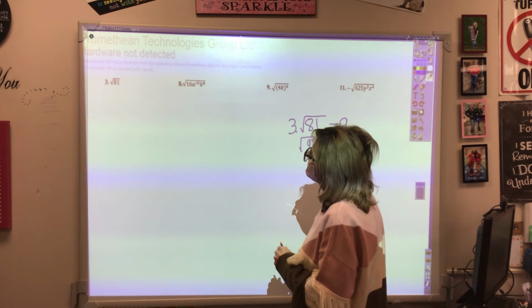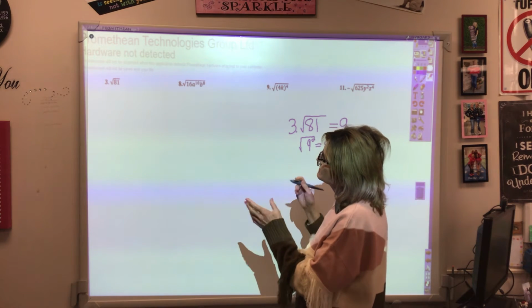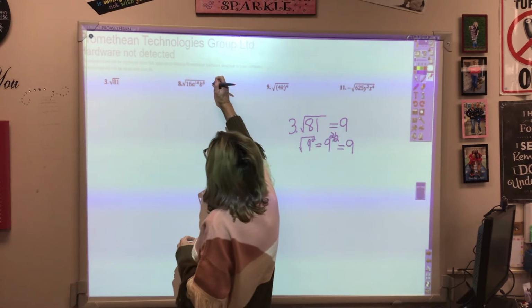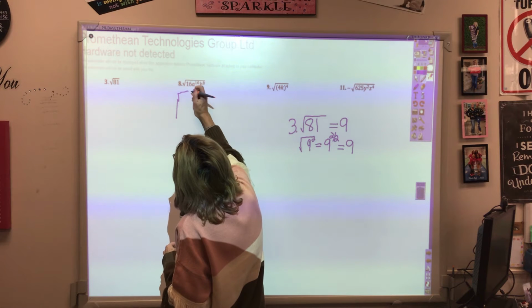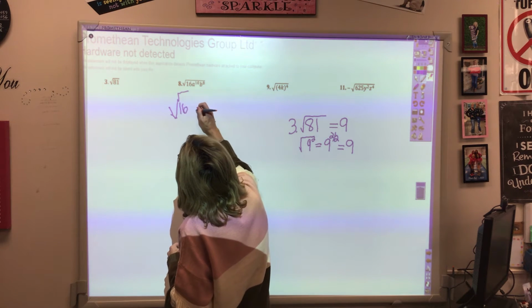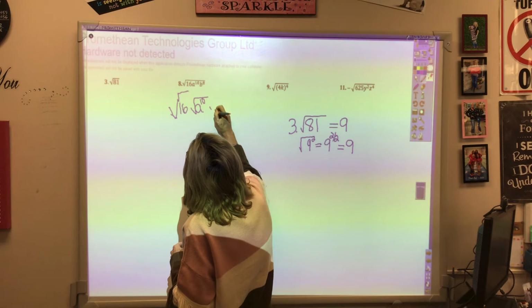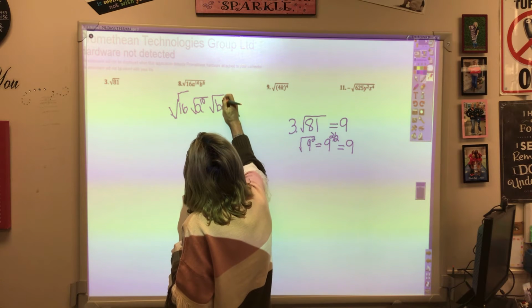On the next one, if you want to look at it and split it up into parts, you could have the square root, and again my board is acting up, of 16, square root of a to the 10th, square root of b to the 8th.